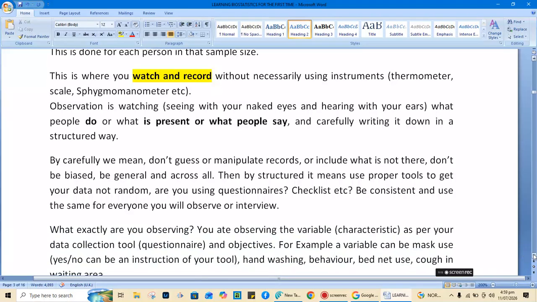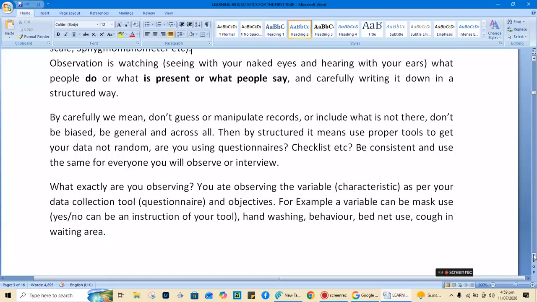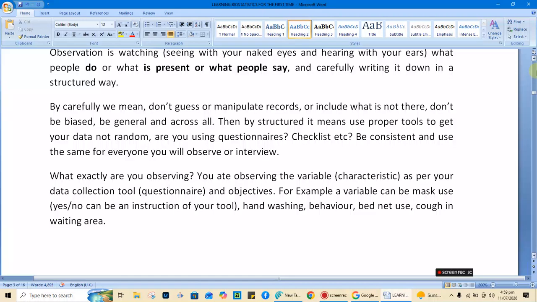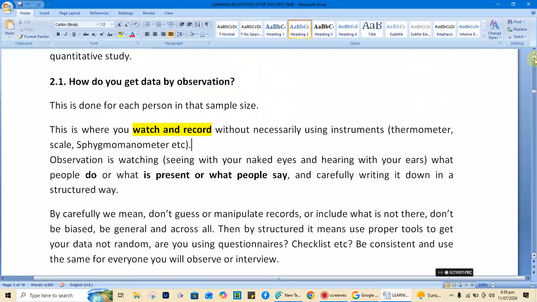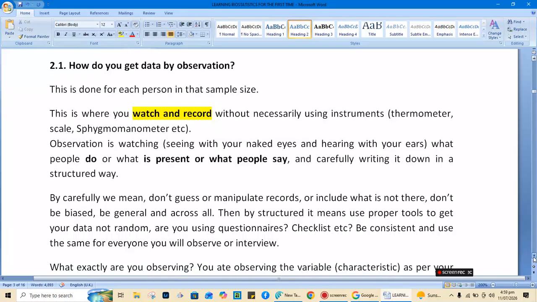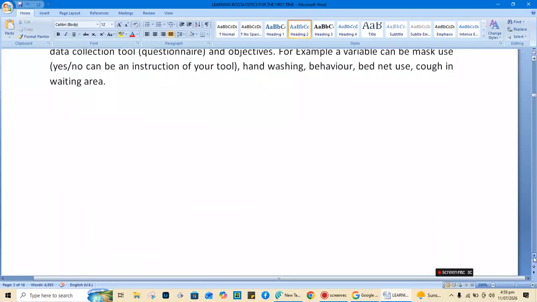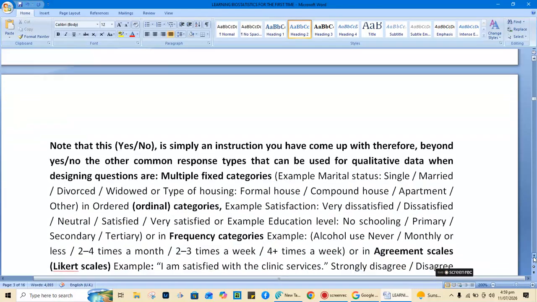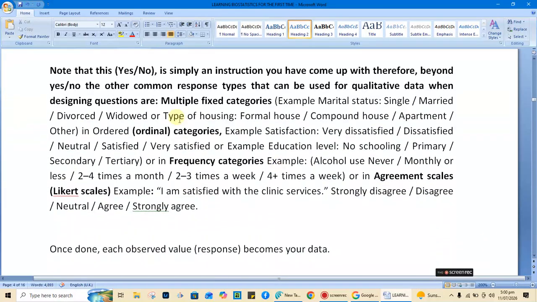If you go to the hospital and want to check how many people wash hands after leaving the toilet and how many do not, you just sit somewhere and watch what is happening. That is how you gather data by observation. You just observe and record using a questionnaire or a checklist, and you do not use any instruments at all. You simply use questions that require you to answer yes or no, and now you can prepare your questionnaire.